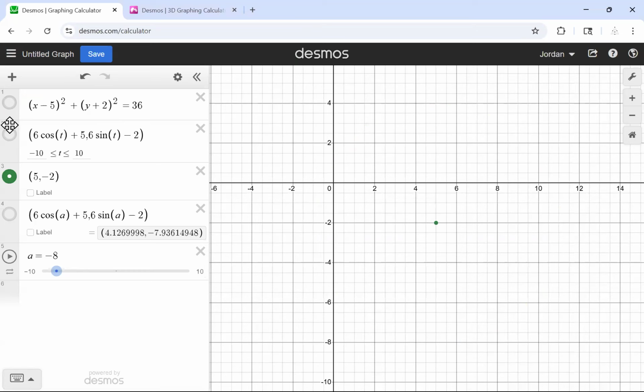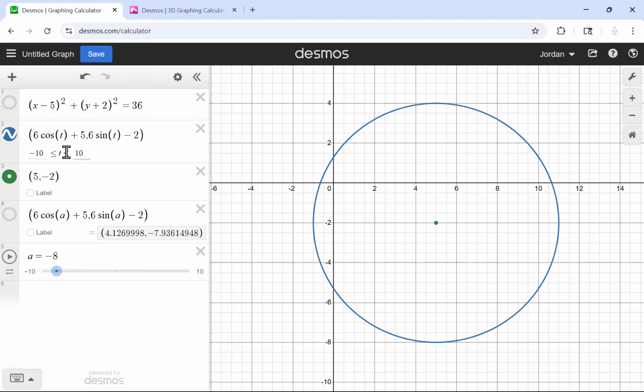If I wanted to graph this using parametrics, I would just write parentheses 6 cosine t plus 5, comma 6 sine t minus 2, end my parentheses, and then choose values of t that work.